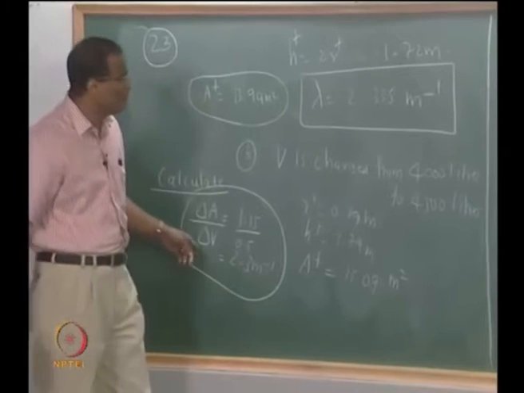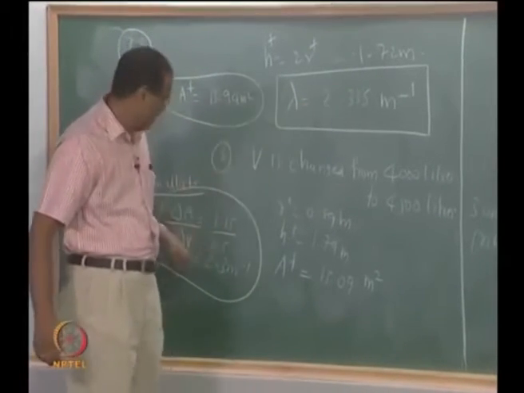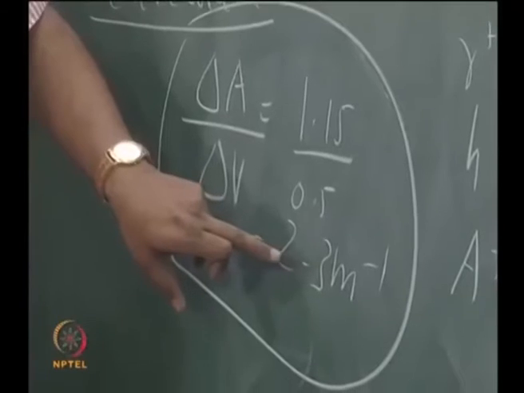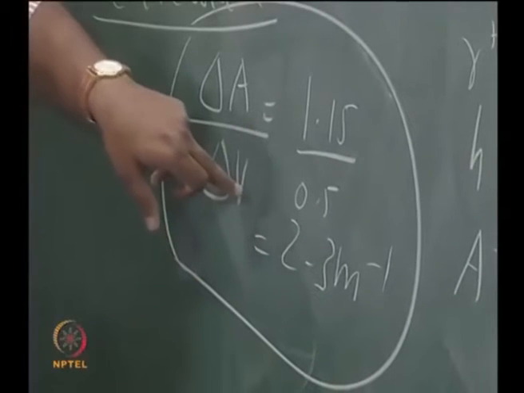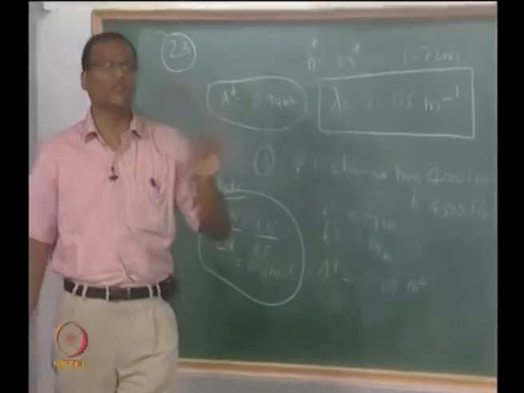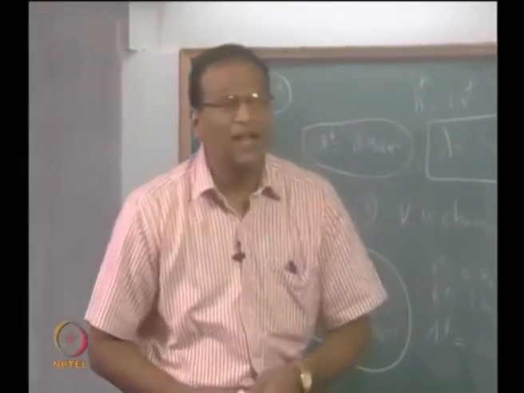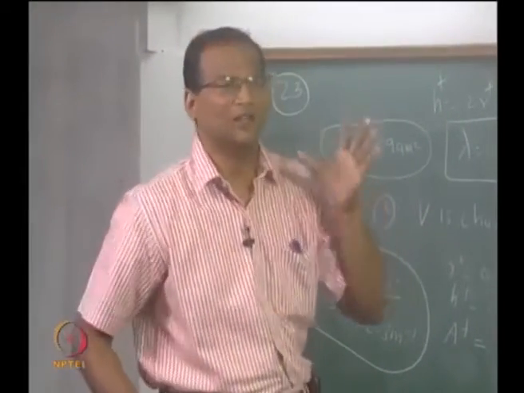What a nice result. What is the value of lambda? What is the delta A by delta V? 2.3. So, lambda is nothing but the change in the objective function with respect to the change in the constraint. Lambda is called the shadow price in operations research.